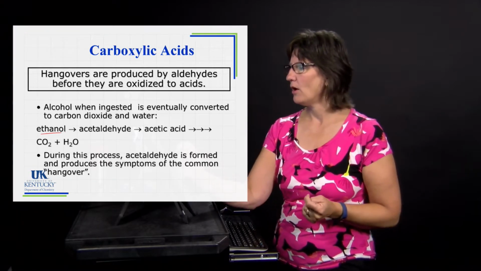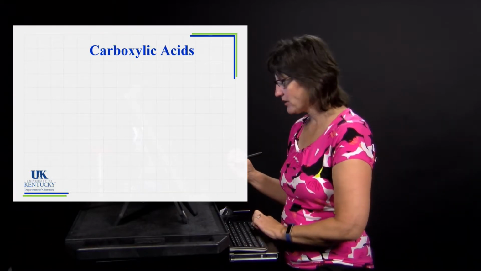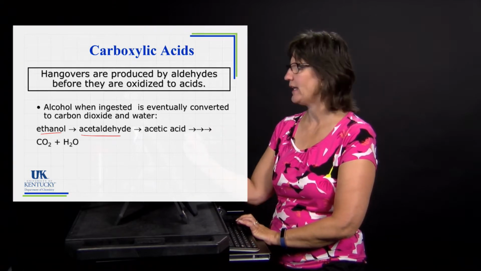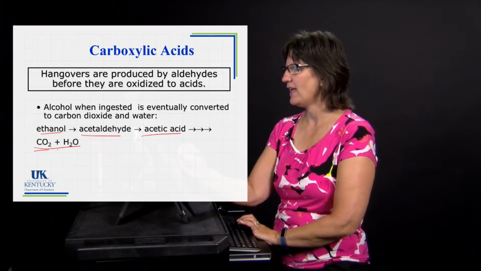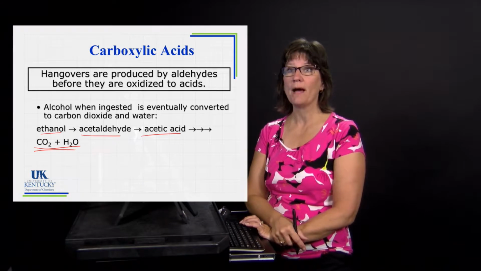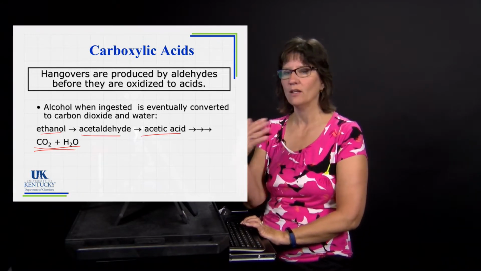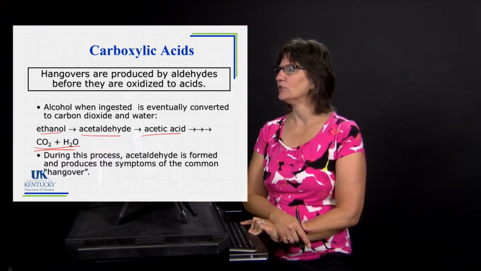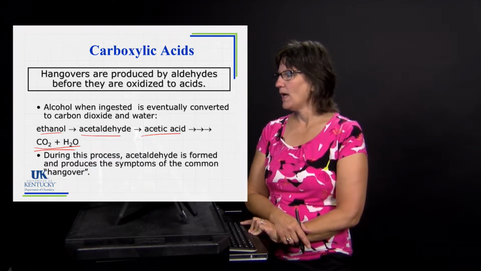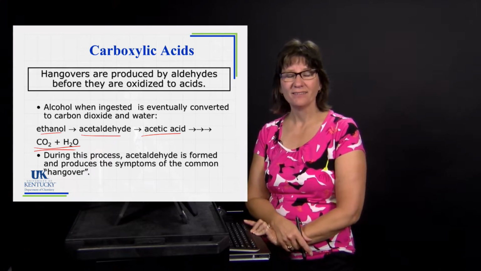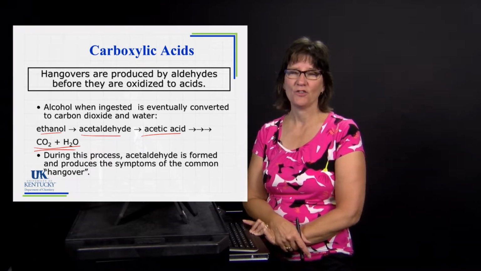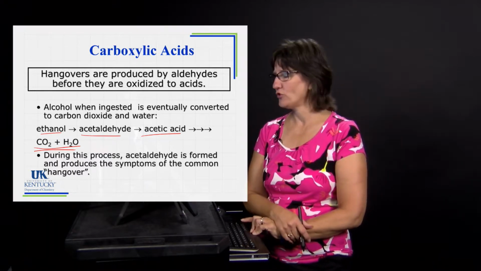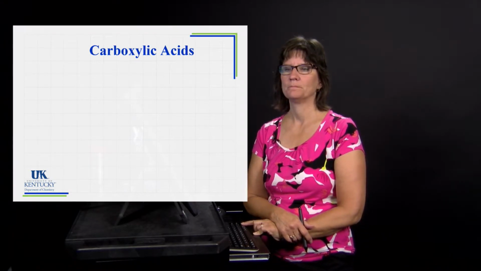So ethanol turns to aldehydes, not to ketones, because the OH is on the end carbon, then acetic acid, and then, as we have discussed when we talked about alcohols in a former lesson, eventually carbon dioxide and water by enzymes in the liver. It's the aldehydes that give that headache. It gives you the hangover. So we don't like the aldehyde that is produced by the alcohol.